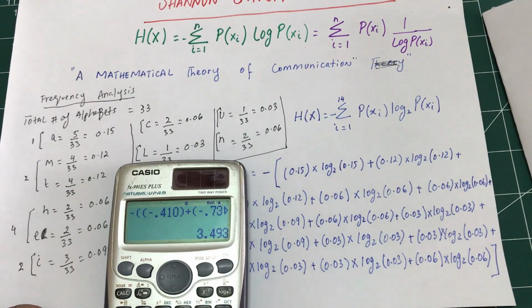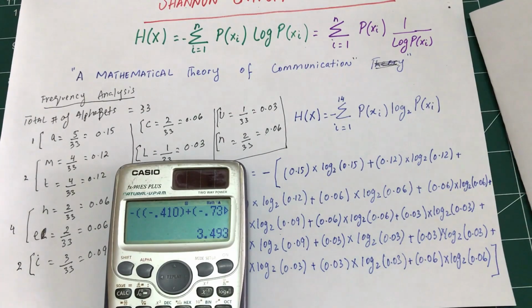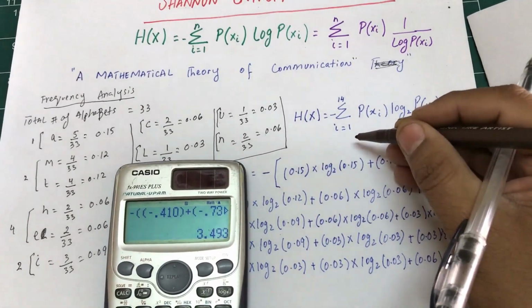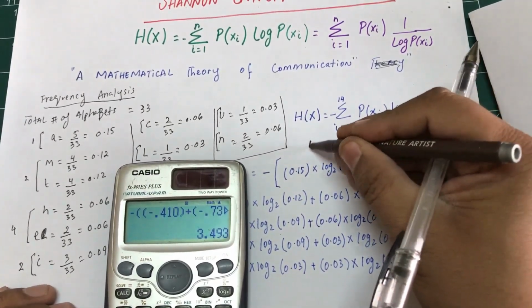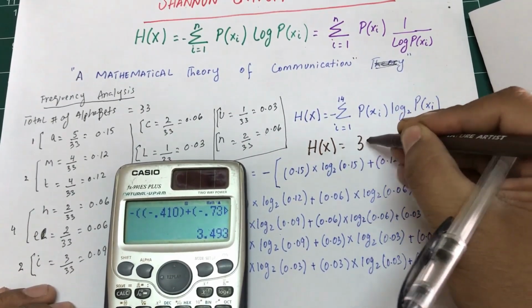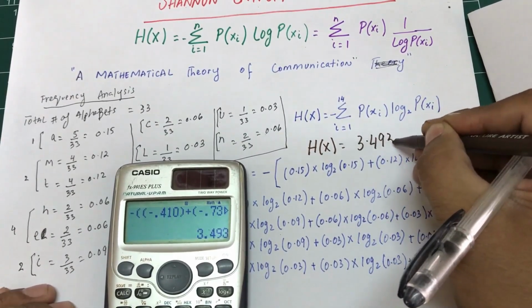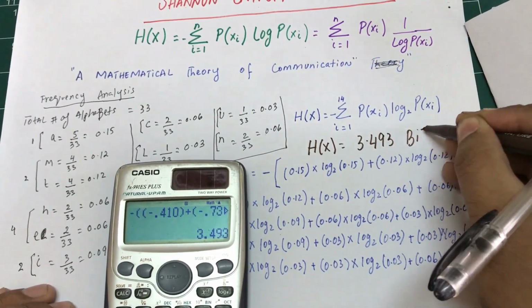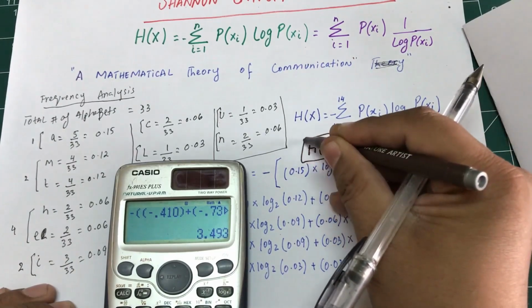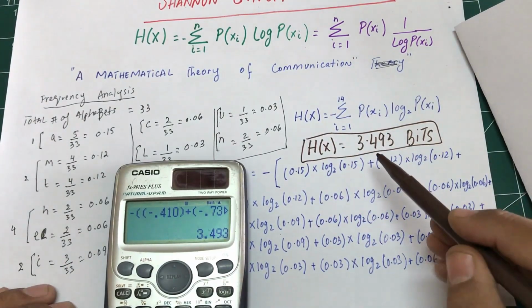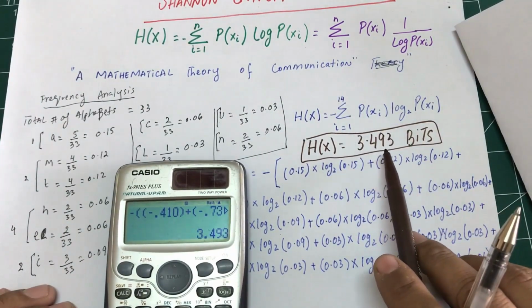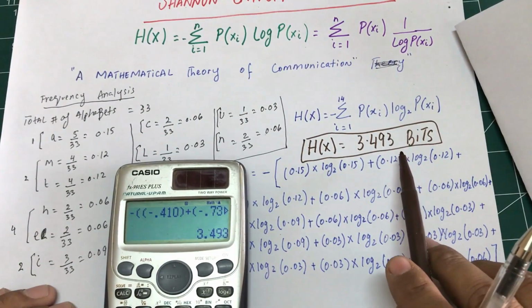So my entropy for this came out to be, H of X is 3.493 bits. What that means is that I can represent this entire line using 3.493 bits.